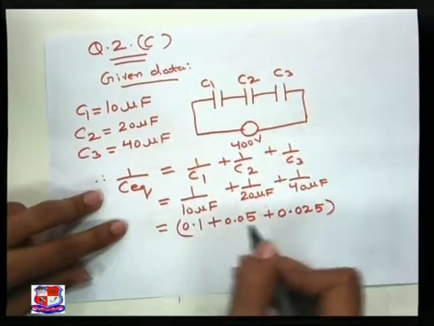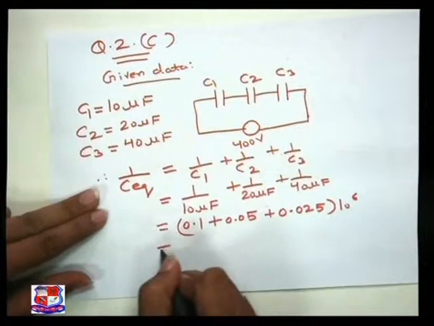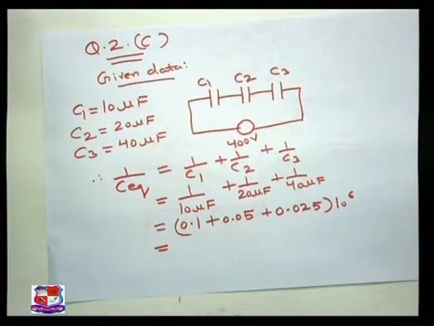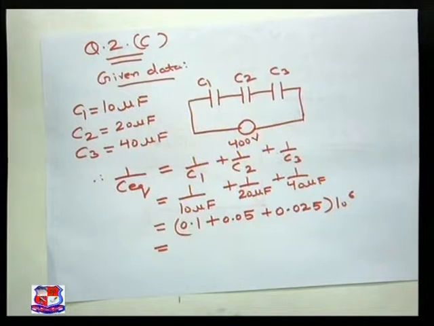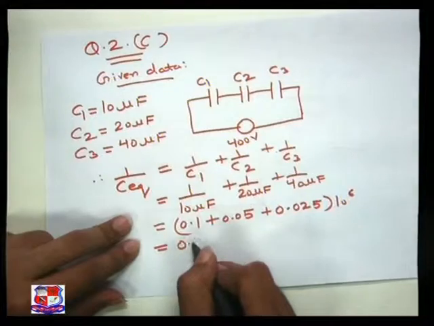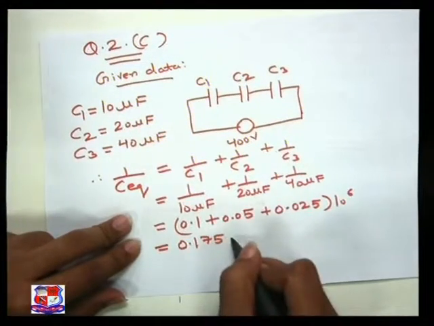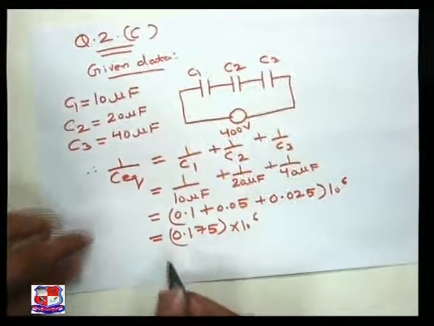Into 10⁶, that will be common, right? So finally it will be 0.175 into 10⁶. So this is 1 upon C equivalent.